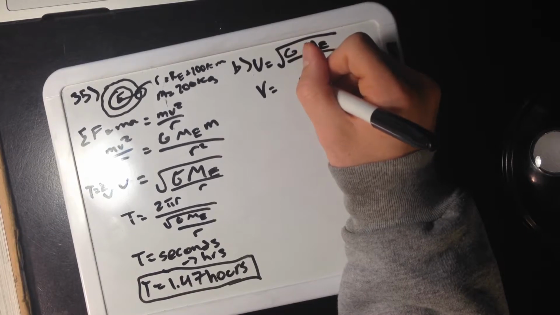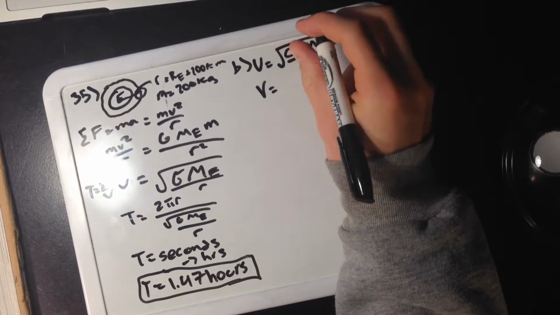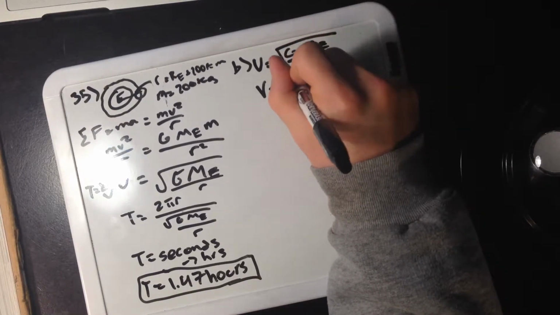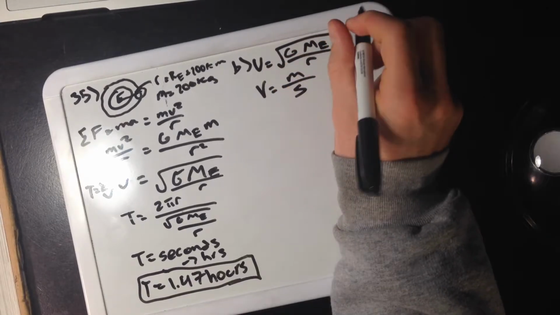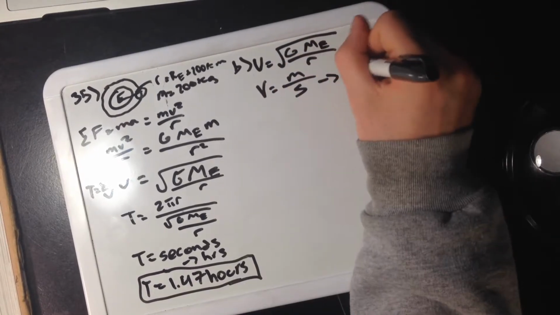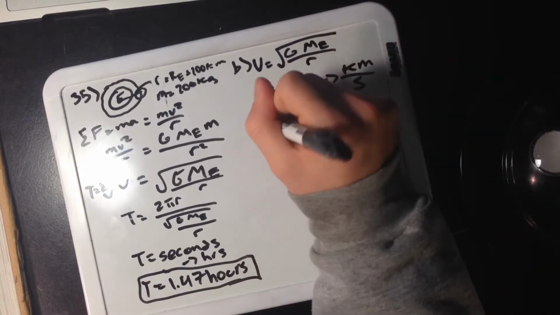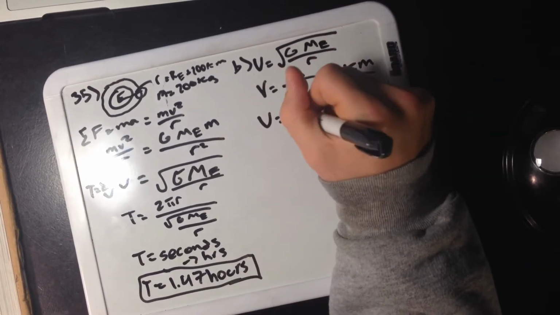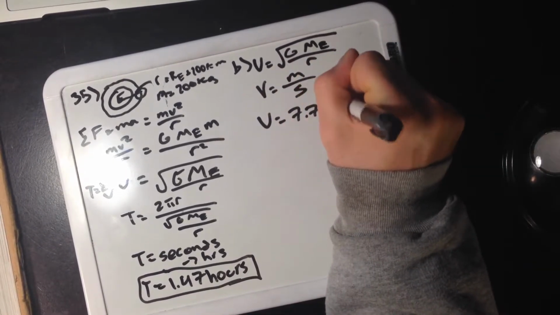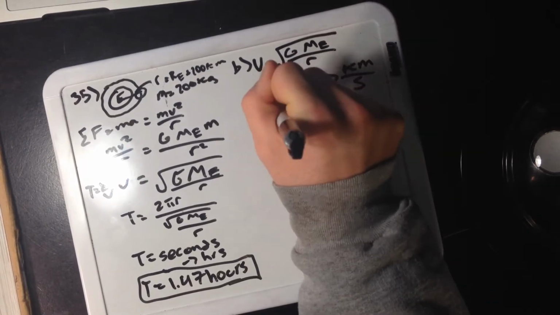So again, you just plug this into your calculator, and it gives you the answer in meters a second, and you're going to want to convert that into kilometers a second because the answer is pretty big, and you will get 7.79 kilometers a second.